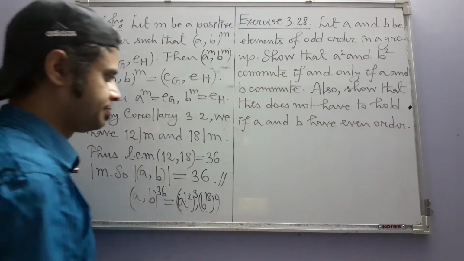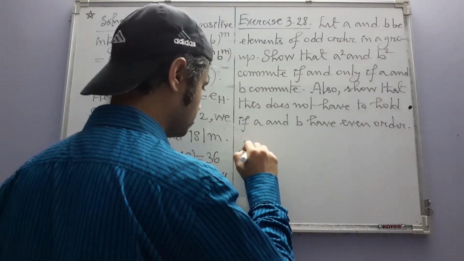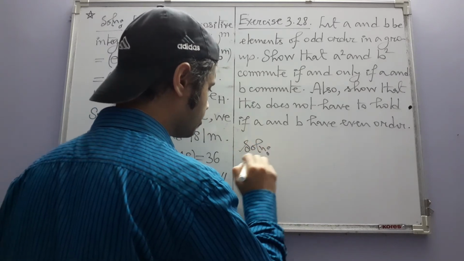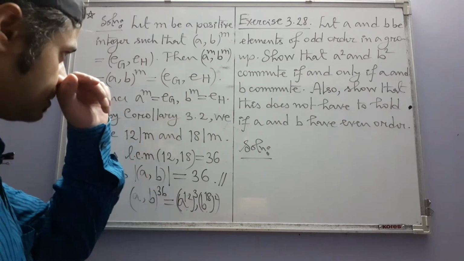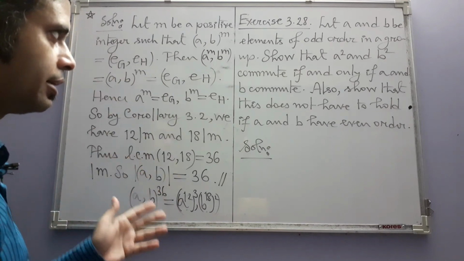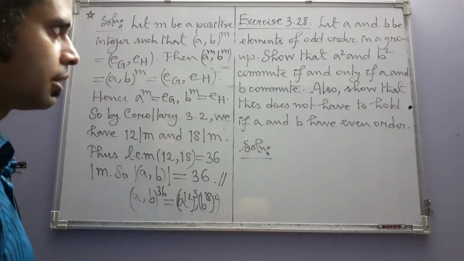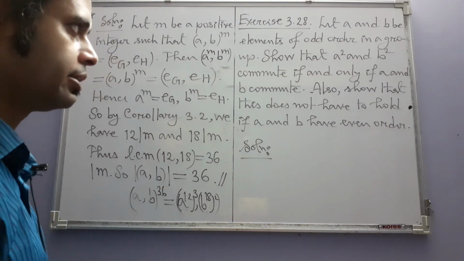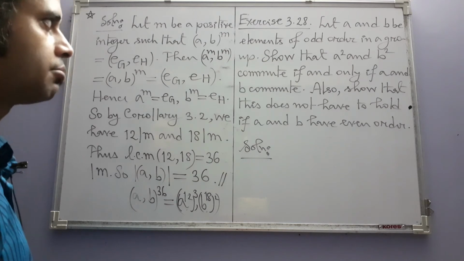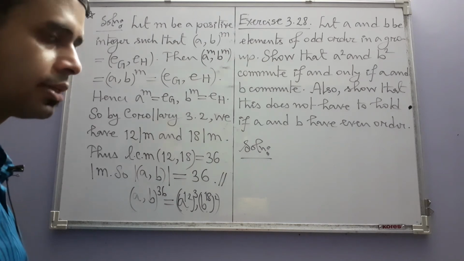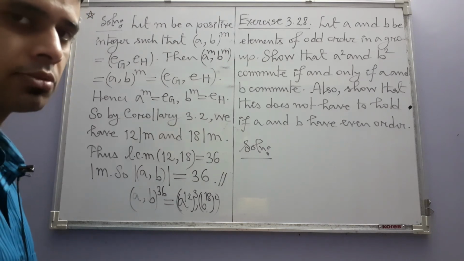Okay. It's an if and only if statement, so we have to prove two things. It is given that the orders of A and B are odd. Now if A and B commute, that is if AB is equal to BA, then A square and B square also commute, that is A square B square will be equal to B square A square.